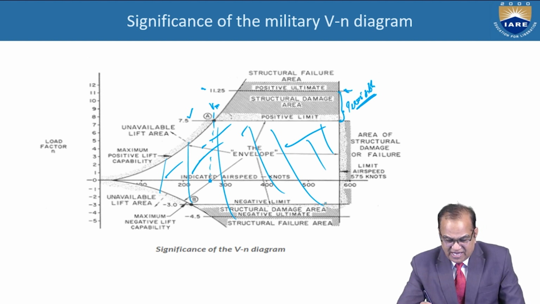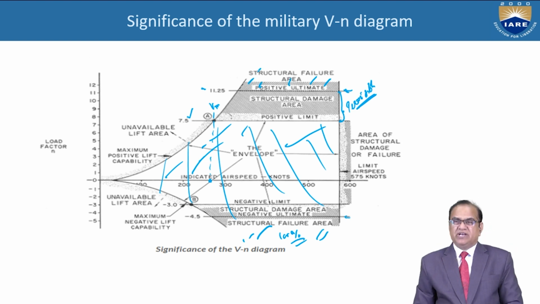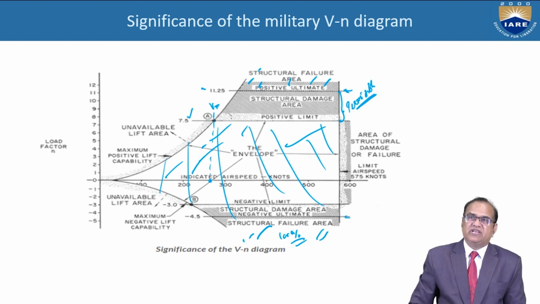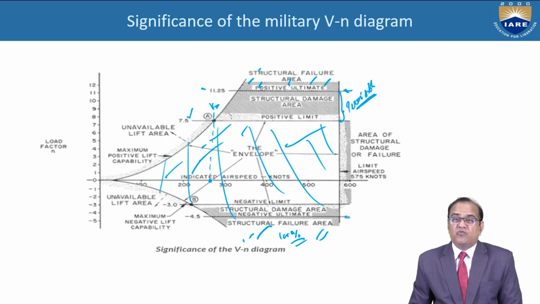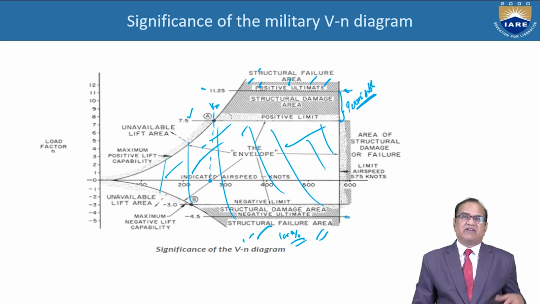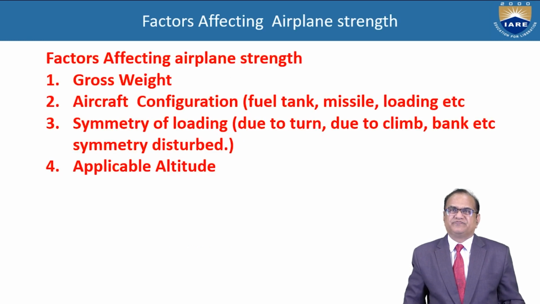Structural damage area, a negative ultimate. This is the line. Structural damage area, 100% damage will happen if you are in this zone. So this is the depiction of some military aircraft. It is called military because here we have 11.25 load factors. In a normal aircraft, it may be 3 to 5 positive and minus 2 on the negative side.